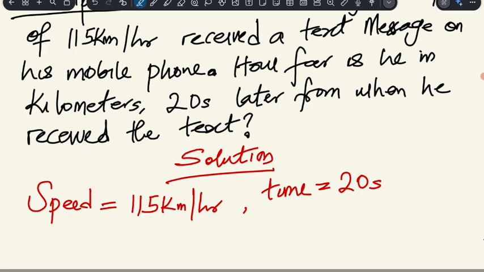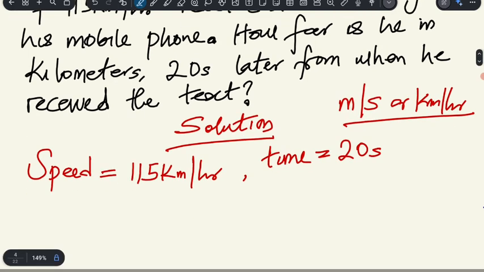But I have tried to let you understand the fact that the unit for speed is meter per second or kilometer per hour. You have to consider these two very well.